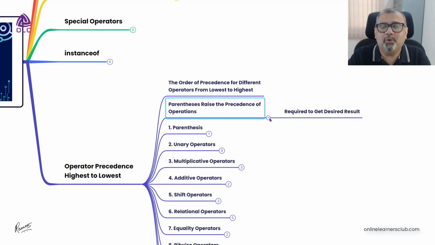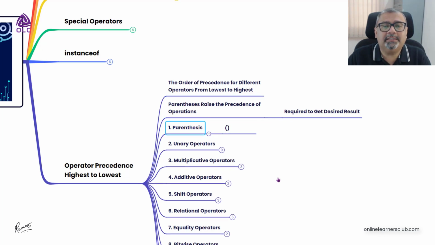So parentheses are the first element looked at in an expression. If an expression has multiple parentheses, it will execute the innermost parentheses first and then the next level.